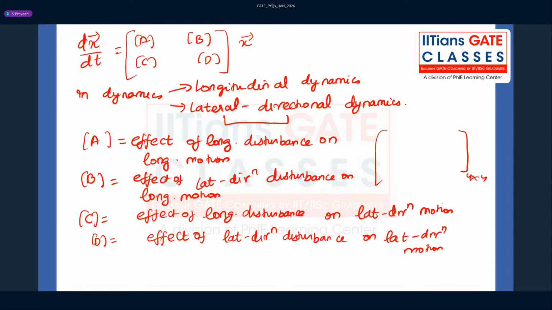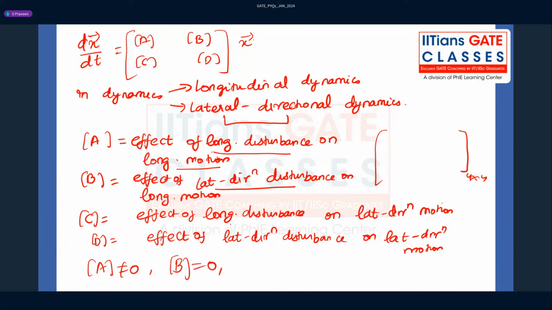So longitudinal disturbance affects your longitudinal motion, which means that your A cannot be zero, right? Next, will any disturbance in the lateral directional plane affect your longitudinal motion? Of course not, so your B has to be zero.